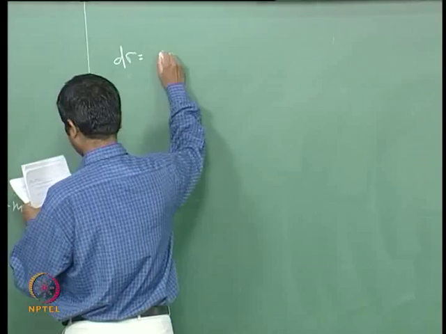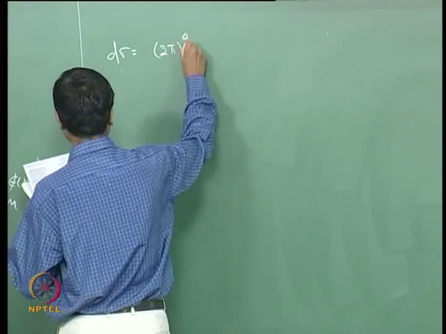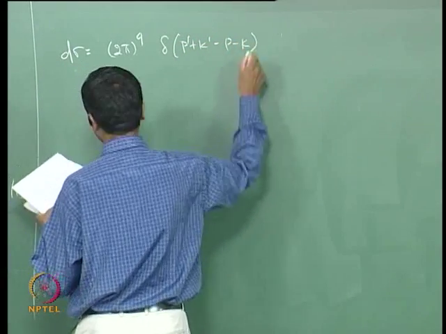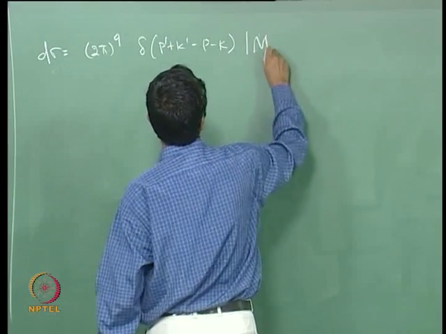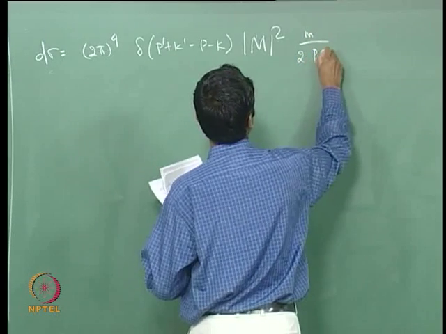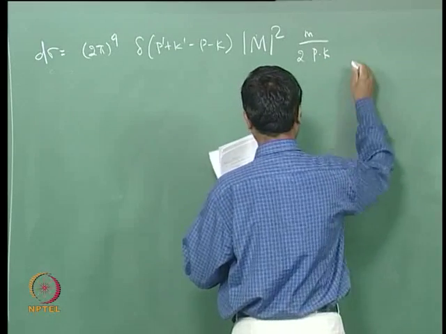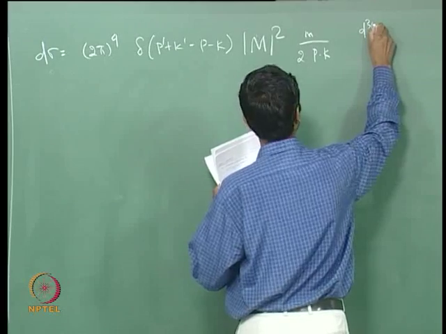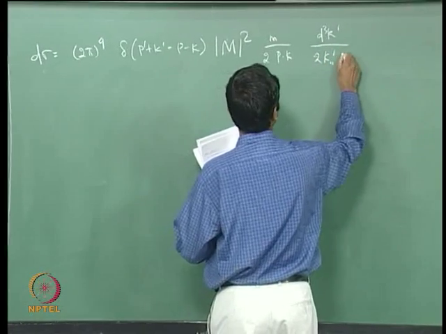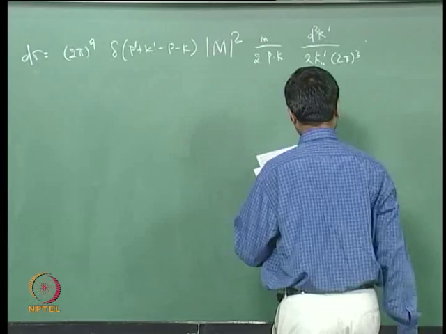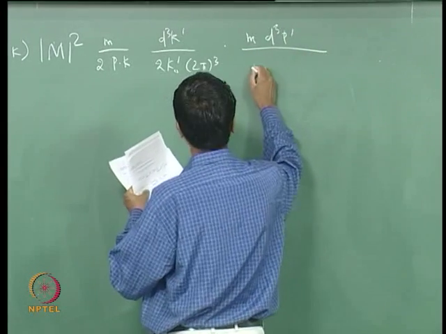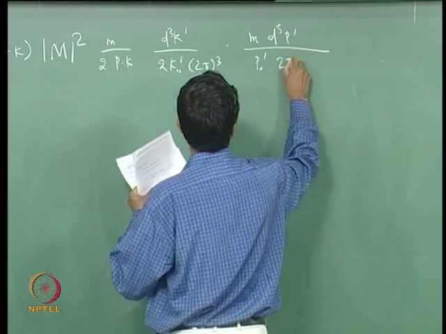This is given by (2 pi)^4 delta of (p prime plus k prime minus p minus k), mod M square, then m divided by 2 p dot k, d^3 k prime over 2 k_0 prime (2 pi)^3, then m d^3 p prime over p_0 prime (2 pi)^3.